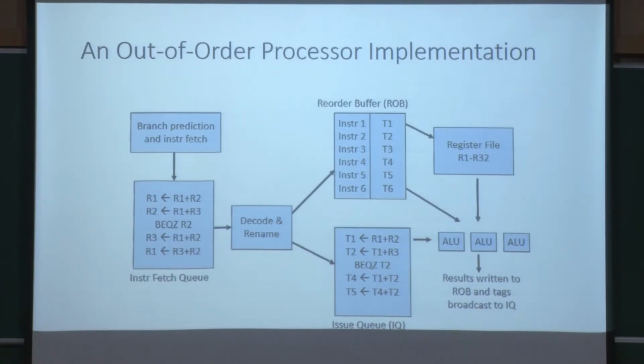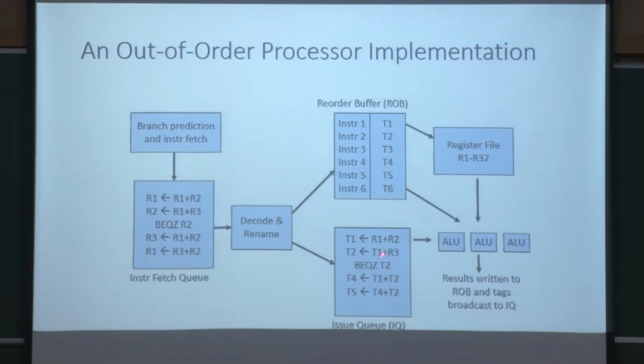The way it actually works in most processors is that as soon as this instruction finishes and writes its result into T1, it sends out a broadcast message saying T1 is now ready. Anybody who depends on T1 can start processing. You can mark that instruction as being ready to schedule as soon as its operands are ready.